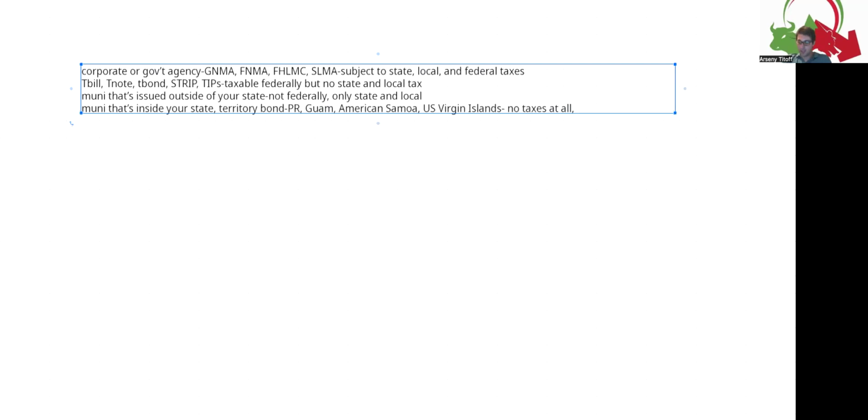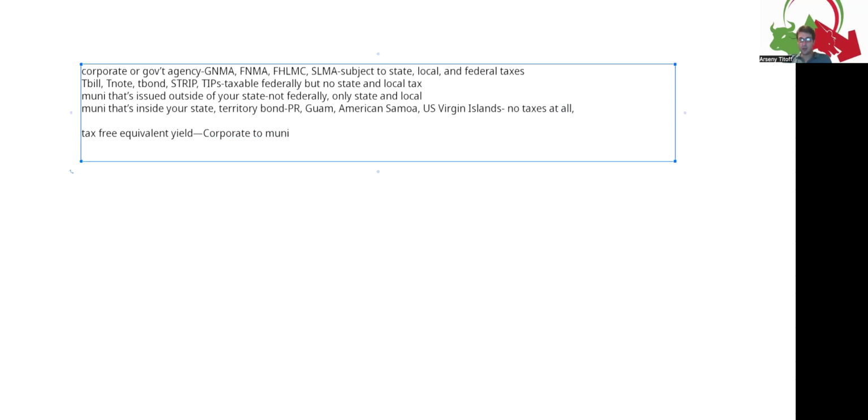So now, when we're talking about tax-free equivalent yields, that's going to involve going from something that's fully taxable, let's call it a corporate, to a muni, or anything that's fully taxable to something that's not as taxable. The tax equivalent yield would be going from a muni to a corporate.